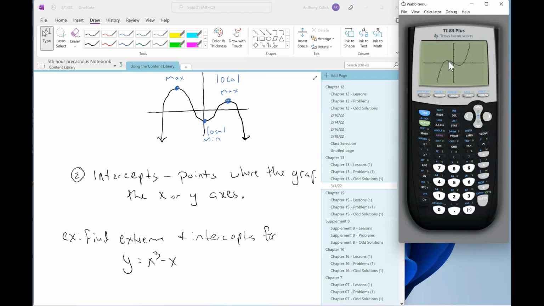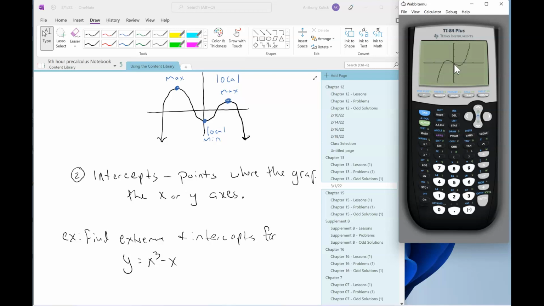Everybody agree? I see one local minimum. I see a y-intercept that is possibly also an x-intercept. It appears it's crossing at 0, 0 there. And I see two other x-intercepts, assuming that this x and y-intercept are the same, which is what it looks like from the picture, right?